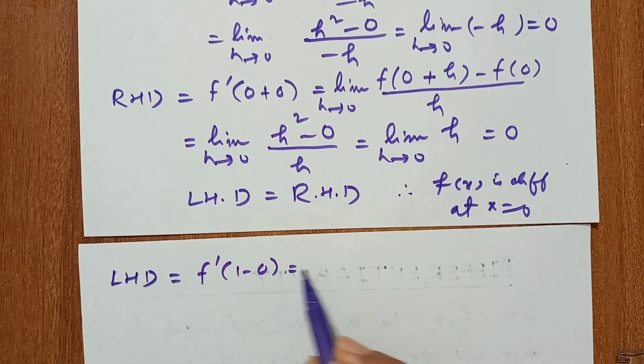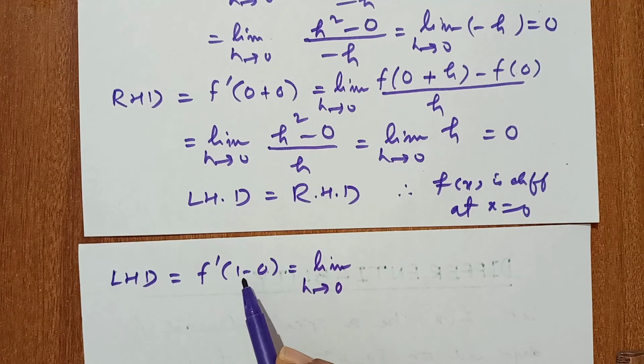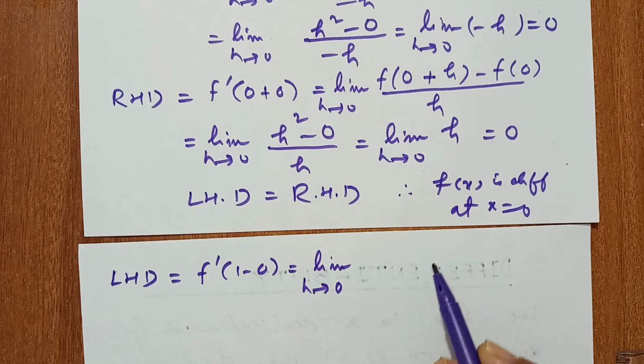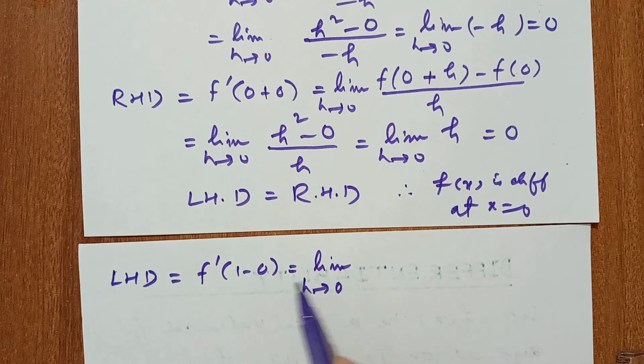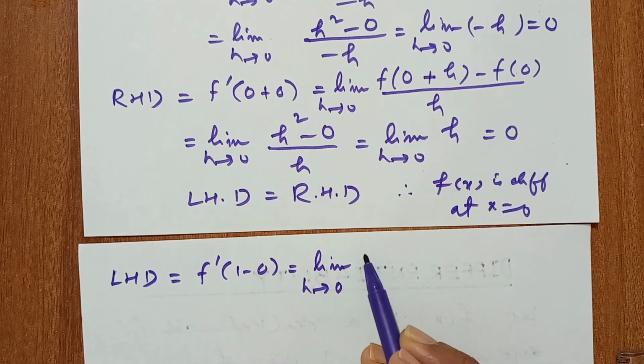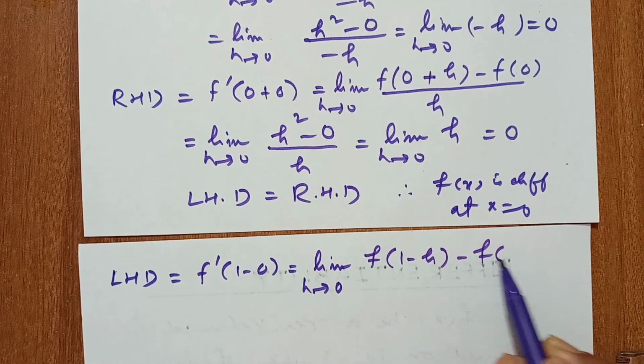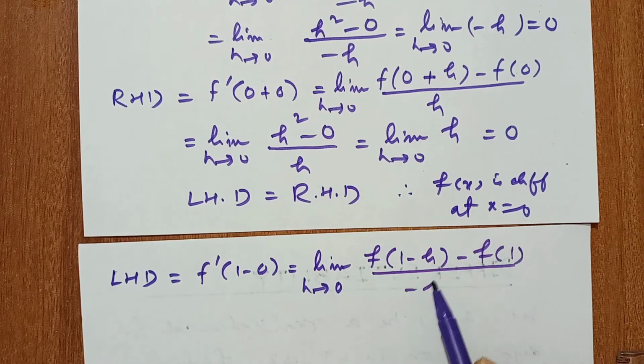By definition, f'(c - 0) is equal to limit h tends to 0 of f(c - h) - f(c) upon -h, so this is equal to limit h tends to 0 of f(1 - h) - f(1) upon -h.